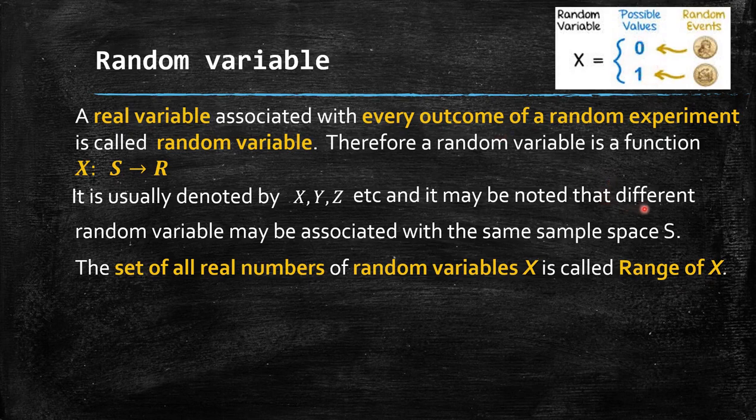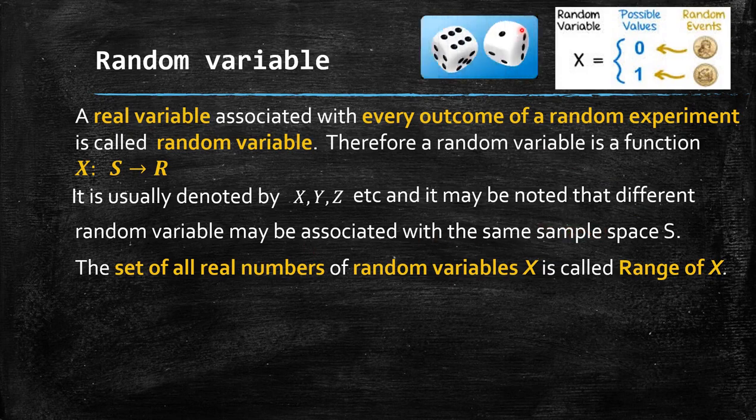Now coming to this point, different random variables may be associated with the same sample space S. For example, if I take throwing a pair of dice, as all of you know there are 6 into 6, 36 possible outcomes. For each outcome we assign a real number defined by the random variable.